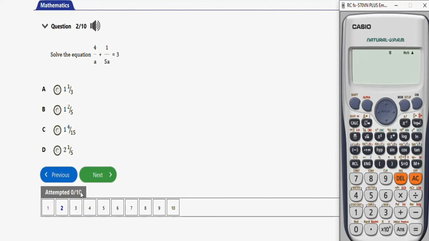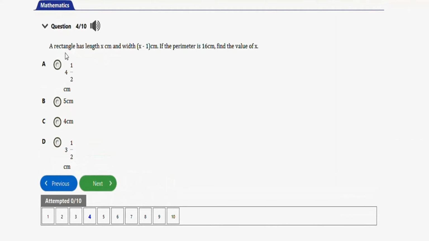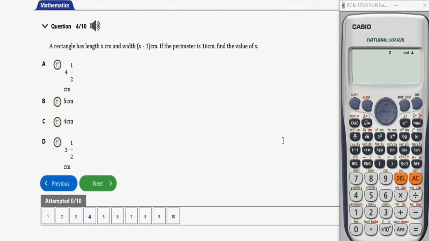Let's go to the next question. This one says a rectangle has length x cm and width x in bracket minus 1 cm. If the perimeter is 16 cm, find the value of x. So for this question, let's bring a calculator and solve this. First, we need to know the formula for the perimeter of a rectangle, which is 2 times in bracket length plus breadth. To solve this, we apply the formula together with the equation solver.